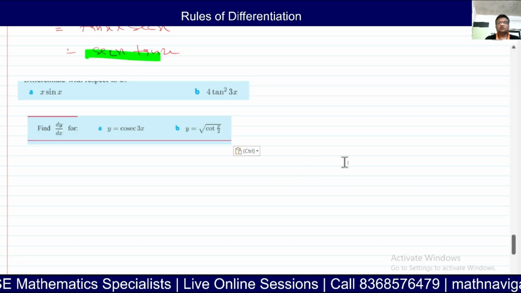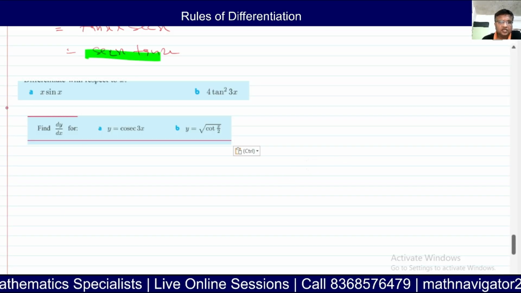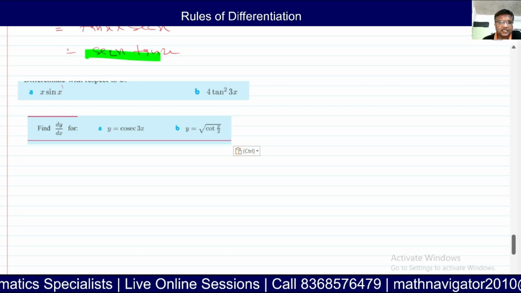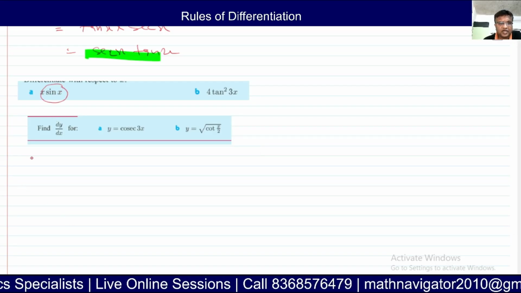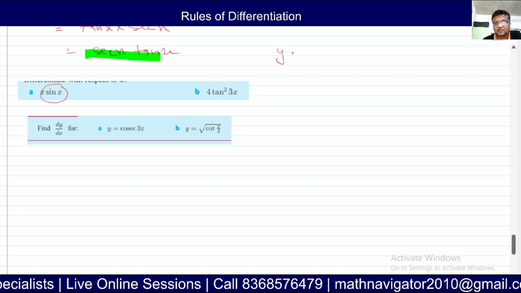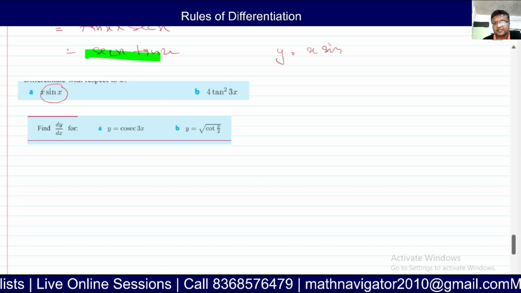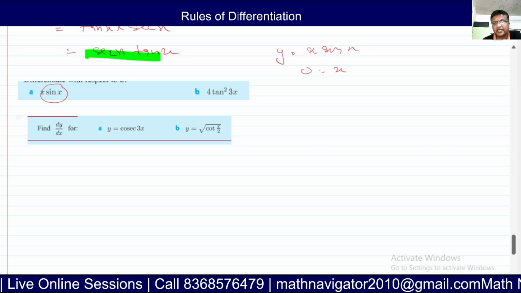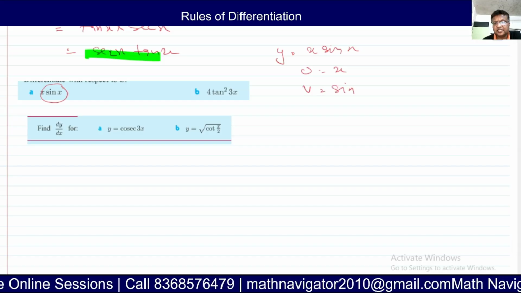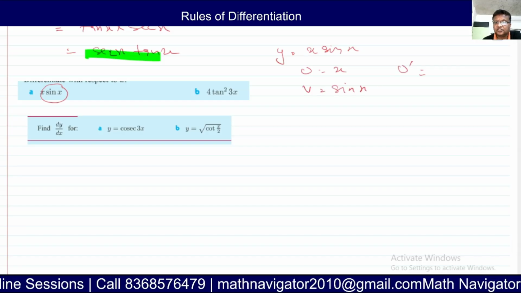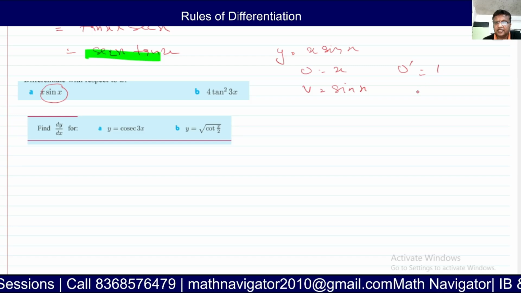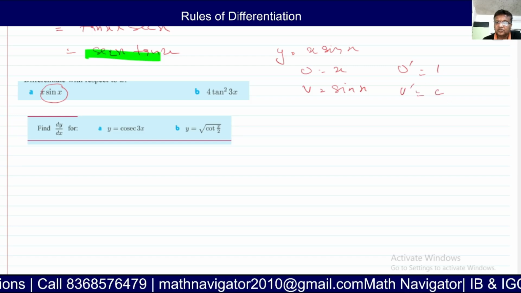Right. As you can see, in this case you have to apply the product rule. y is equal to x sin x, so u is equal to x, v is equal to sin x, u derivative is equal to 1, and v derivative is cos x.